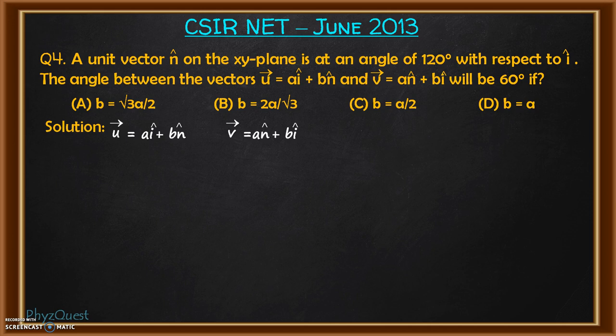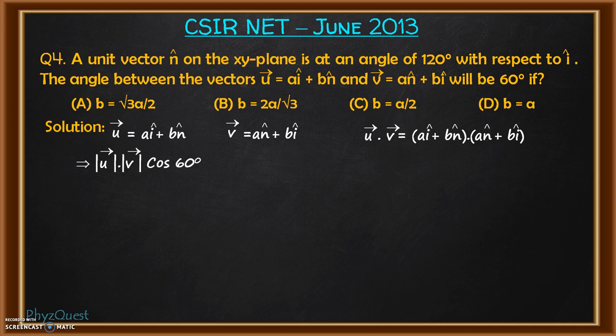We need to find the relationship between a and b when the angle between u and v is 60 degree. So we'll take the dot product between u and v. This will be equal to a i cap plus b n cap dot a n cap plus b i cap. So the left hand side will be magnitude of u into magnitude of v into cos 60 degrees.